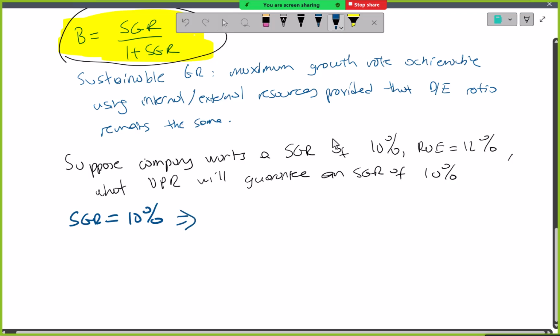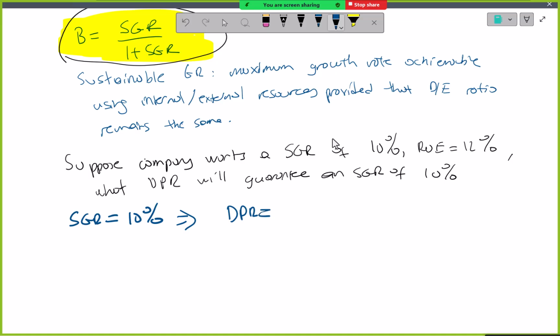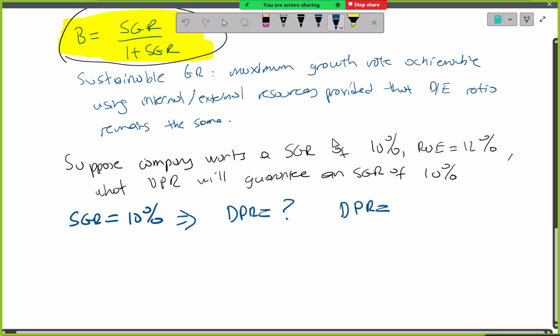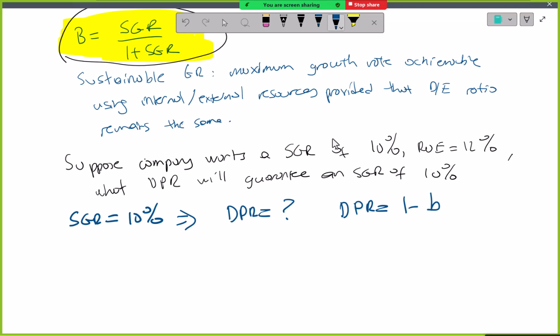But what is DPR? Well, dividend payout ratio, by definition, is 1 minus the retention ratio. So if I could figure out what the retention ratio should be, I'm home, right? Well, first things first, remember cap B is ROE times retention ratio.